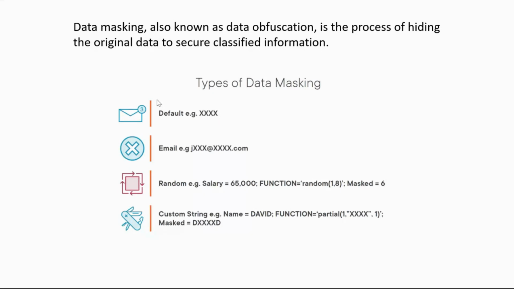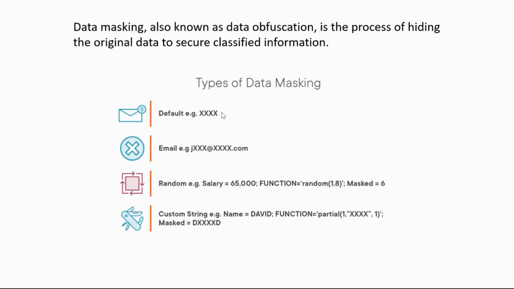In case of text or string values, you would see x as the value. In case of numerical columns like integer, the default value is 0. So if I mask an integer column as default, it gives me 0 for all the rows.